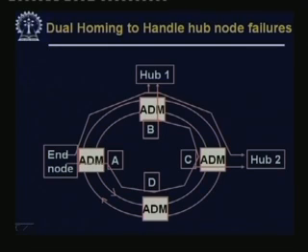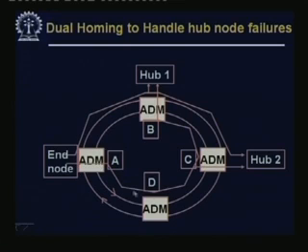So, what you might do is get connected through 2 different hubs, so you dual home to these 2 hubs, and these 2 hubs take independent paths to your destination. So, that is possible. This shows dual homing to handle hub or node failure.